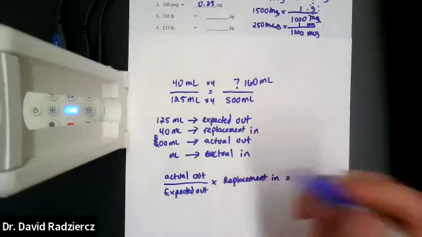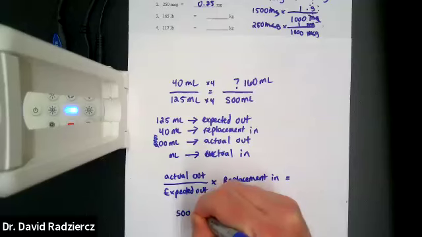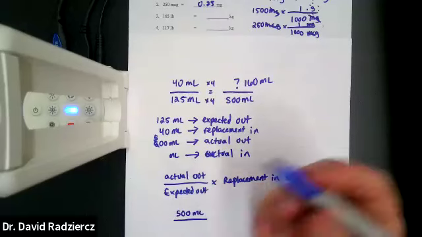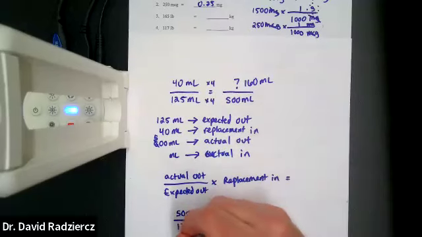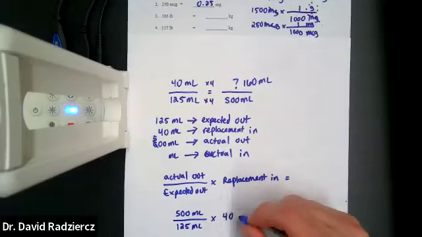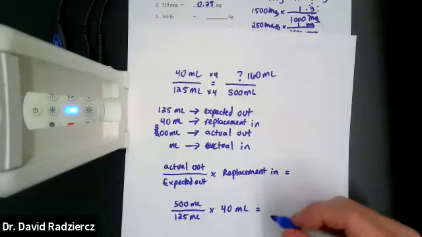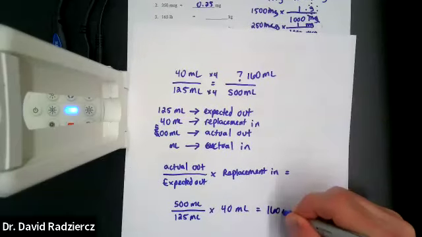Basically, I take my output, 500 milliliters, put that over what I expected to be the output, 125 milliliters, times my replacement volume. And that gets me to the same answer, 160 milliliters.